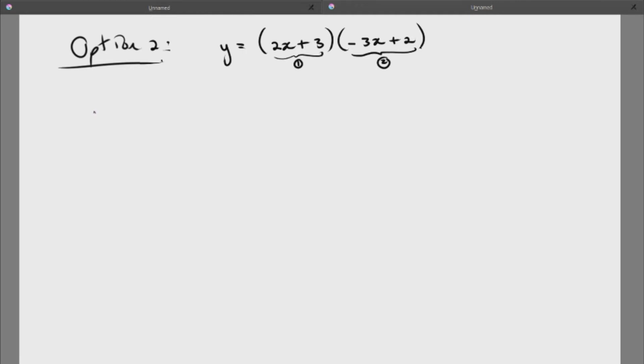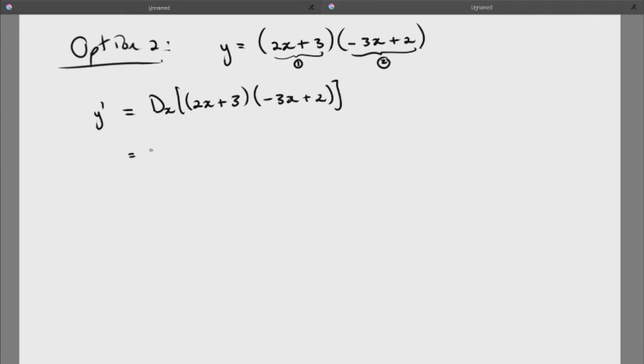So, the derivative. Well, I need to find the derivative of this. I'm just copying it down out of habit. All right.